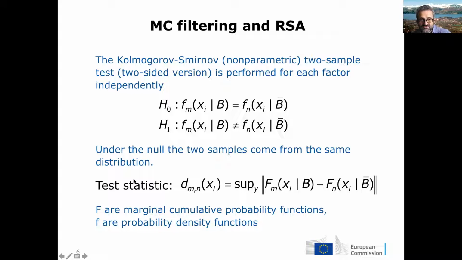This test is based on computing a test statistic, which is the distance between the empirical cumulative distribution functions under the behavior and the non-behavior, where clearly we index the empirical distributions by the actual size of the two samples, because in general the two samples are of different size.